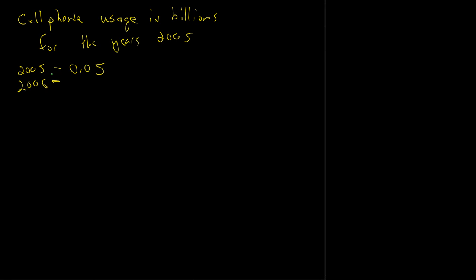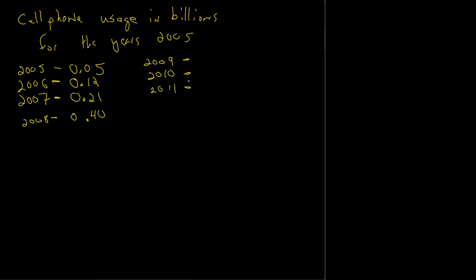The usage is 0.12. And I'll put the rest of the chart up here. I won't scream out each data point. So we're going to go all the way up to 2011. So I'll write my other data points here, and their values.